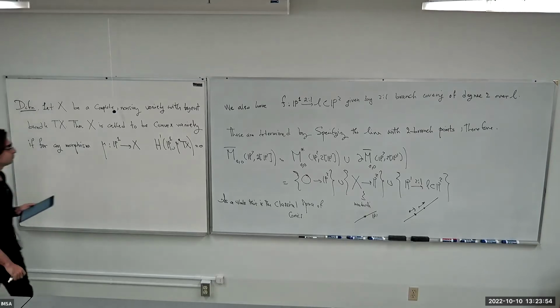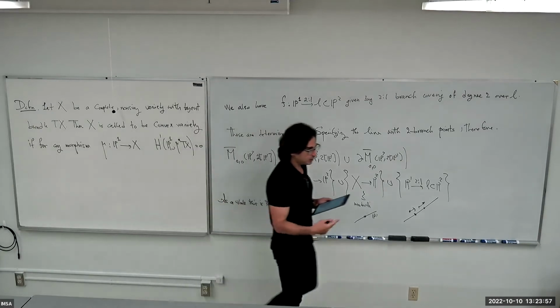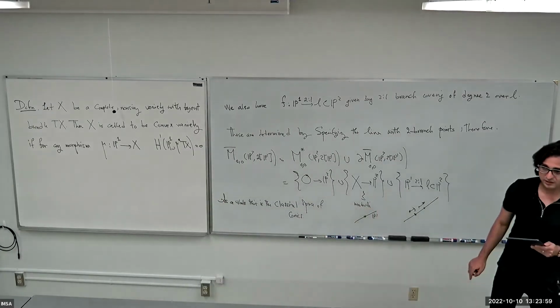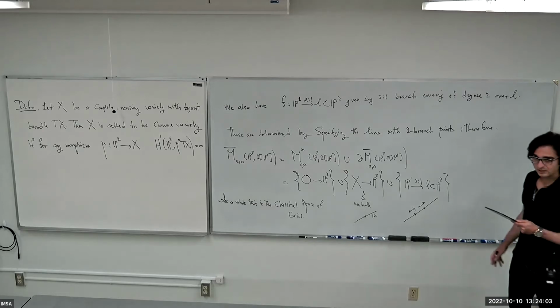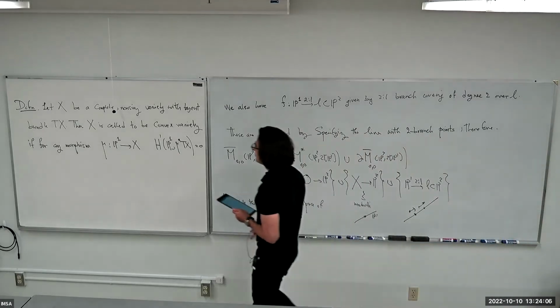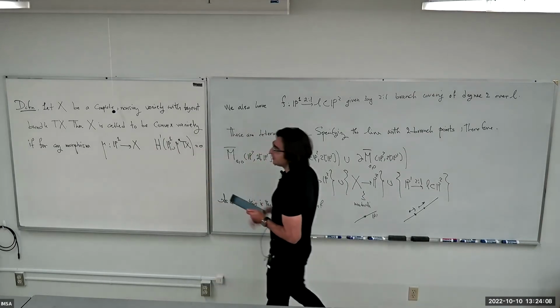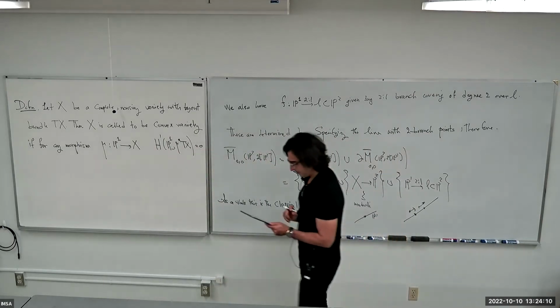On P1, by Kodaira vanishing, you cannot have H2 and beyond. You can have H0 of a sheaf and H1 of a sheaf. If you don't have any higher cohomology for the pullback of the tangent bundle, the variety itself is called convex.